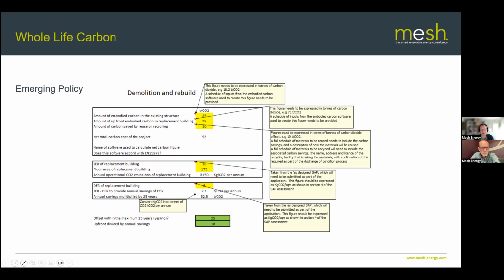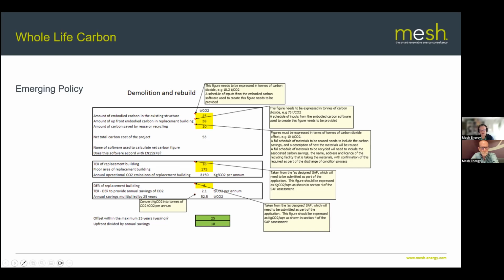When we say upfront embodied carbon, that's the module A consideration. So that's the raw material right through to creating the products and assembling it on site. And then looking at the amount of carbon saved through reuse or recycling from the existing structure. So then we end up with a net carbon cost of the project in tons of CO2.